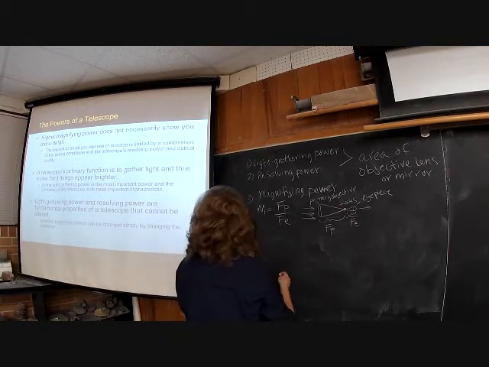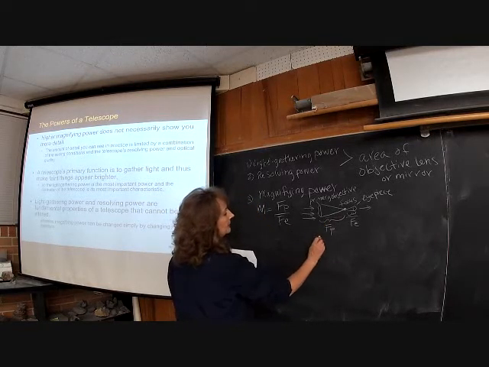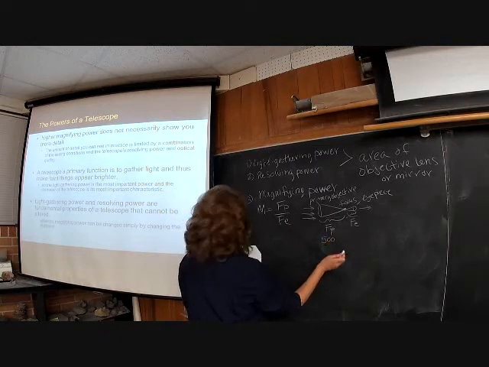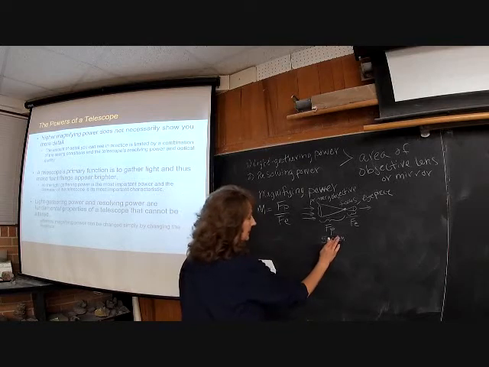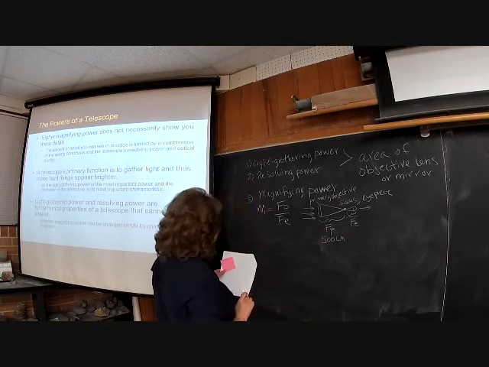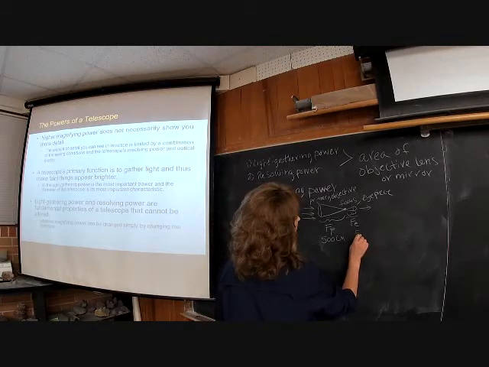So let's say here we have a telescope and it has a focal length of 500 centimeters of the primary lens. And I put in an eyepiece of 5.0 centimeters.